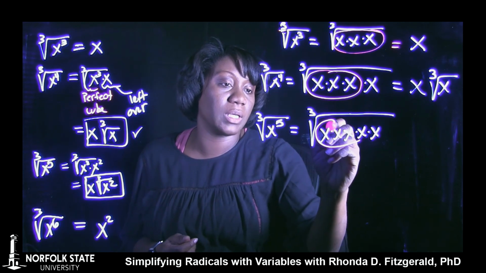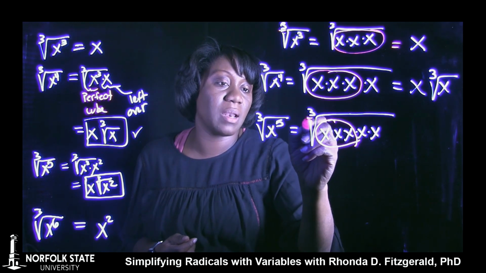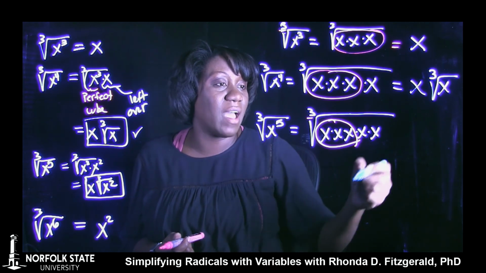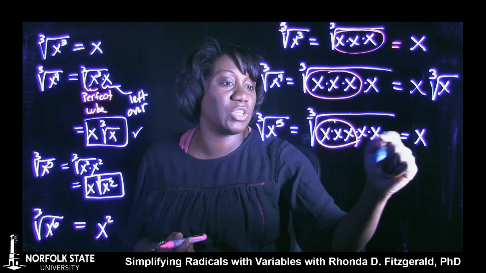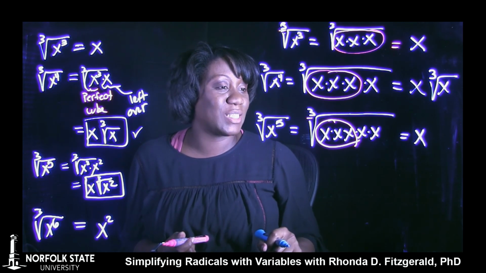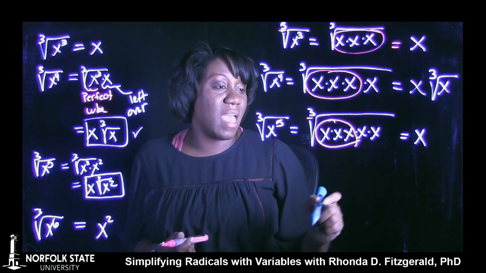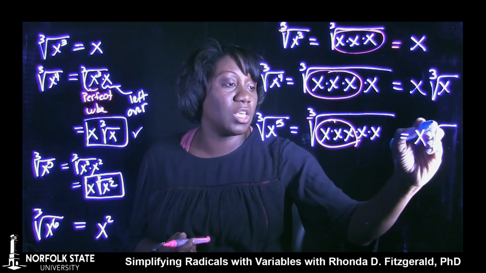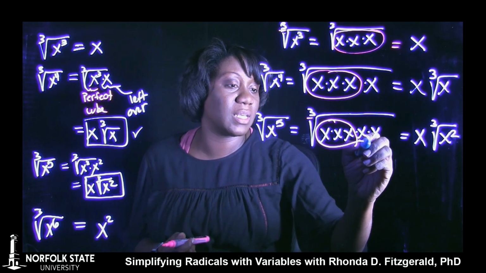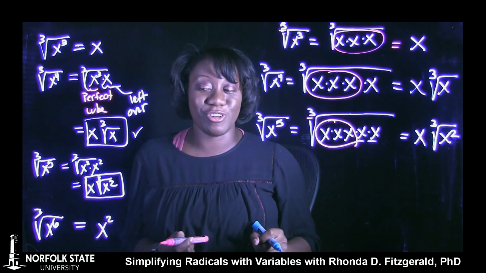And why am I circling 3's? Because once again, my index is a 3. So in this particular case, my final answer is going to be x to the first power, because there's only one circle there. X to the first power. And then what's left over? Cube root of x squared. Why is that? Because there are 2 of them left over.